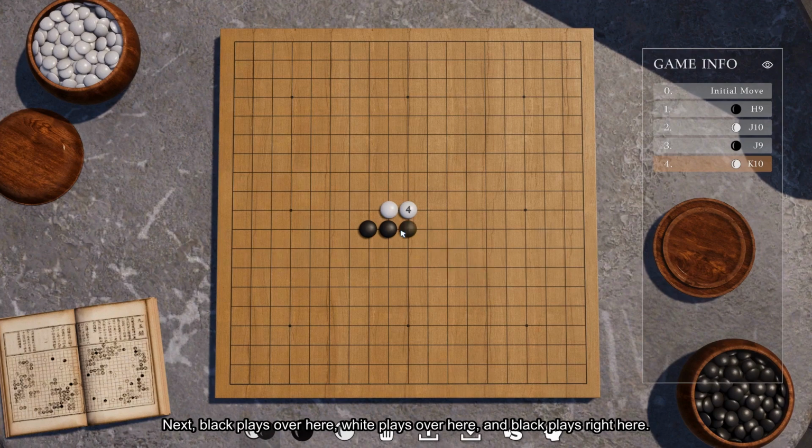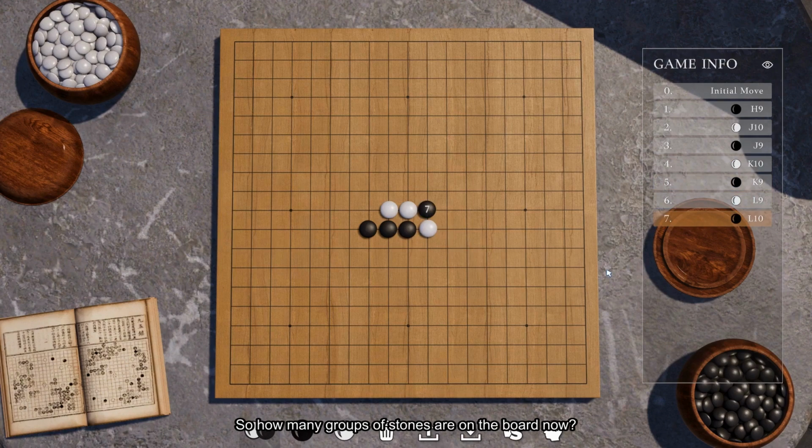Next, black plays over here, white plays over here, and black plays right here. So how many groups of stones are on the board now? According to our previous definition, stones must be connected hand in hand.